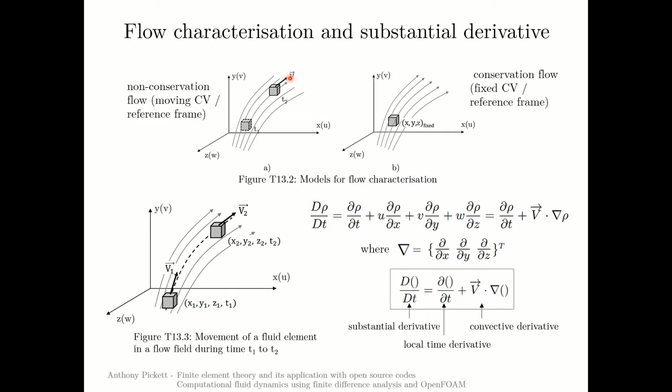The other approach is called a conservation flow. In this case, if we have a control volume, we assume that it's fixed in space and we try to characterize the flow of the liquid as it moves through this control volume. Sometimes this is called a Eulerian approach, and the other is called a Lagrange or fixed reference frame approach.